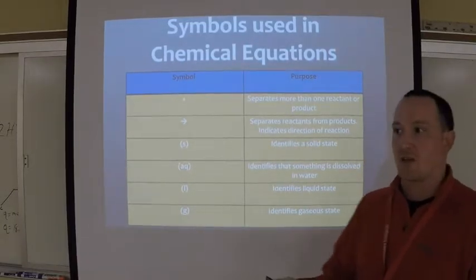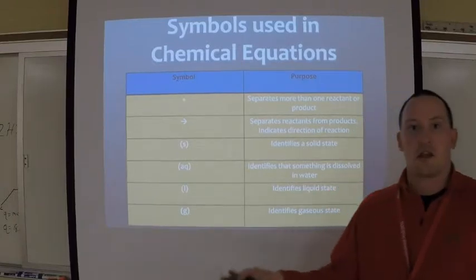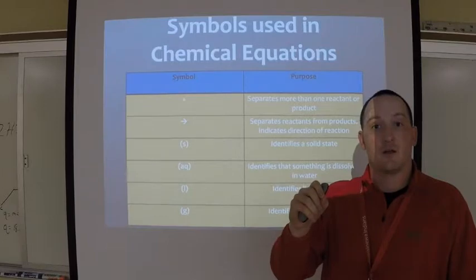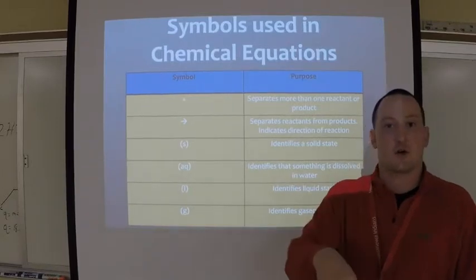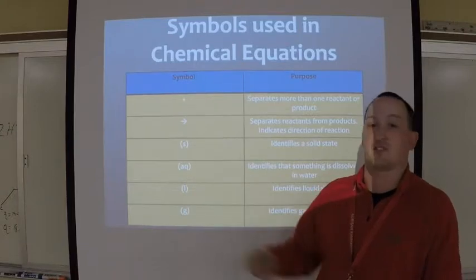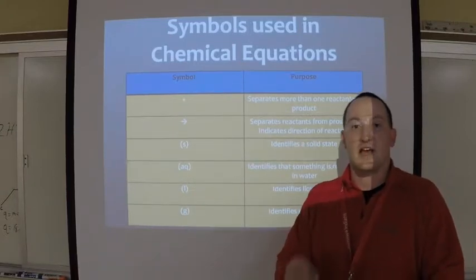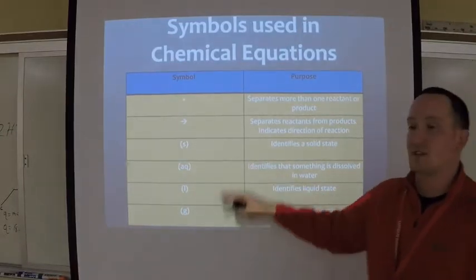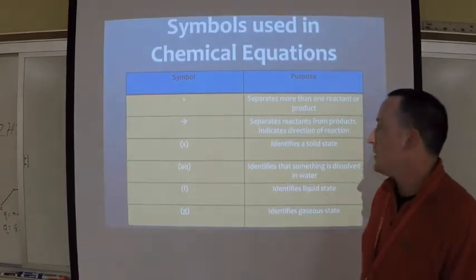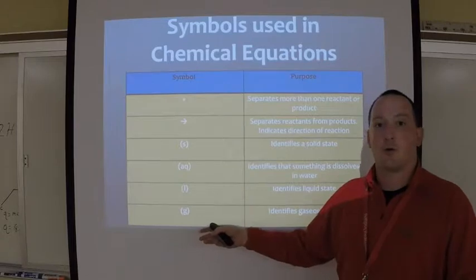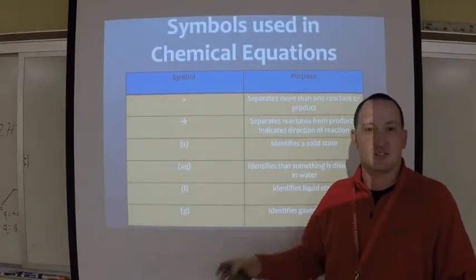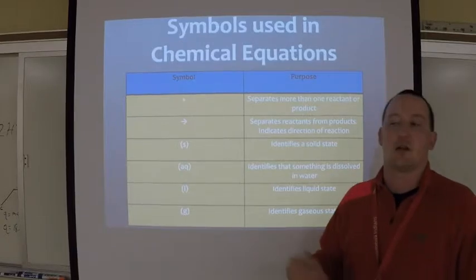For something like sodium chloride, NaCl, I could write it as NaCl solid, but if I took that solid and dissolved it in water, I would write it as NaCl aqueous, because it's no longer in a solid state, it's dissolved in water. Those aren't things that you necessarily need to know, you won't have to include them, but it's helpful to know when you're seeing equations because you will probably see these written in some of your equations, but it's not necessary in order to balance them.